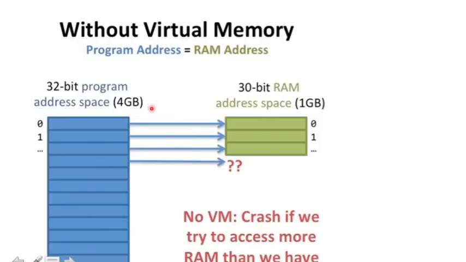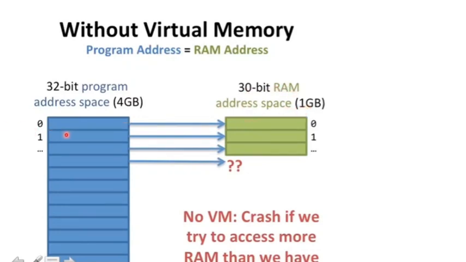Next. Hello guys, I'm Adrian and today I'm gonna show you how virtual memory works. So let's get into the illustration. So this is without virtual memory. Program address equals RAM address. We have a 32-bit program address space with 4 GB and we have a 30-bit RAM address space with 1 GB.